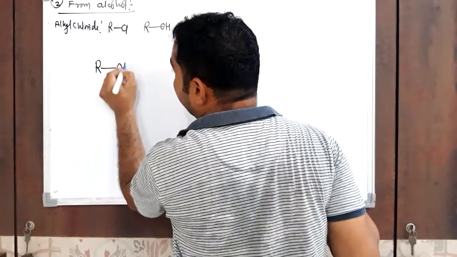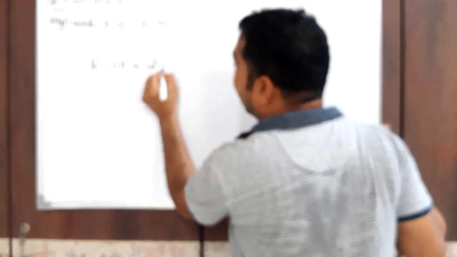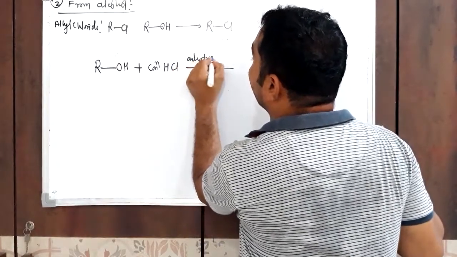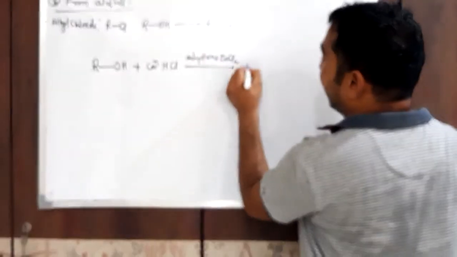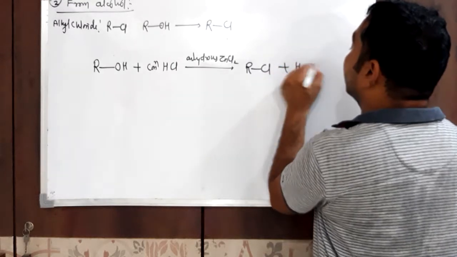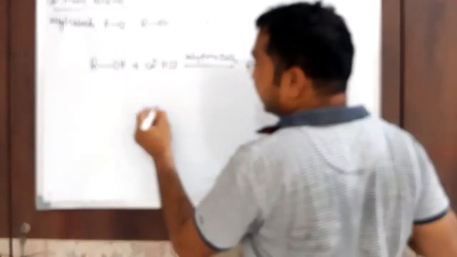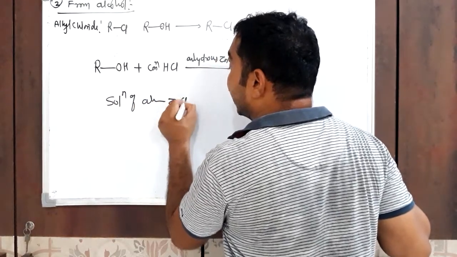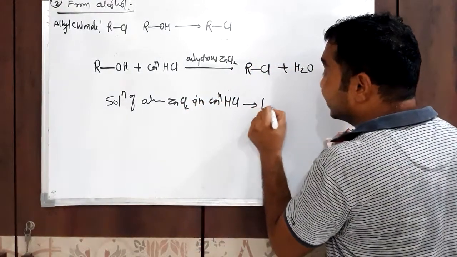For this, alcohol is treated with a solution of anhydrous zinc chloride in concentrated hydrochloric acid. Then RCl and H2O form. This solution of anhydrous zinc chloride in concentrated hydrochloric acid is called Lucas reagent.